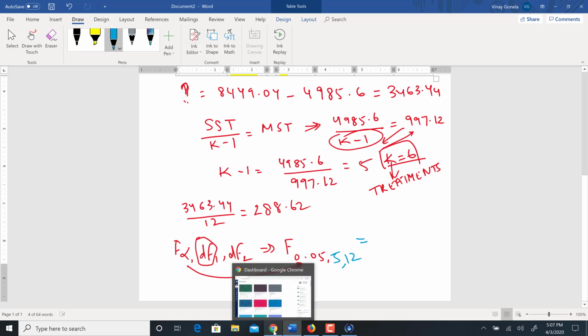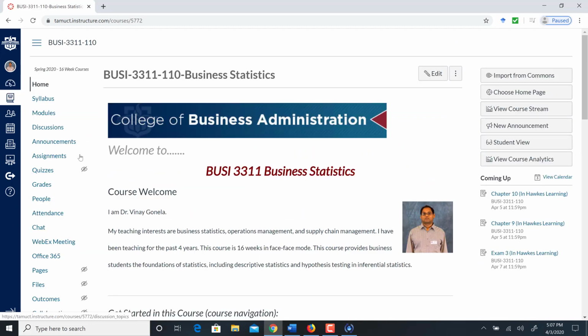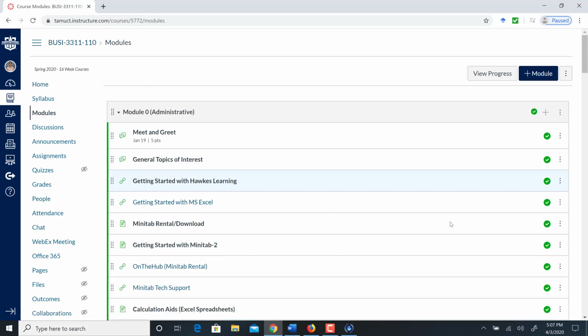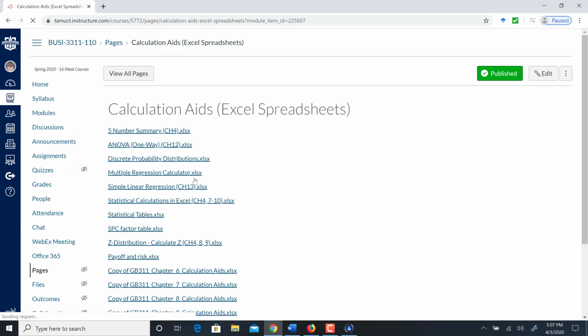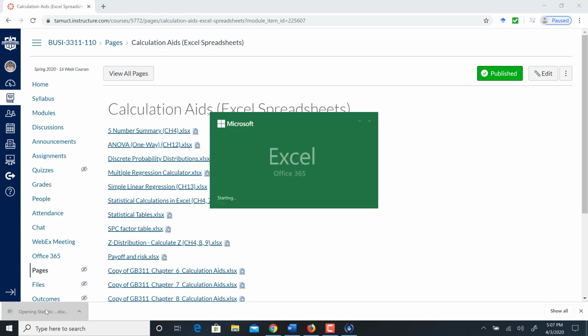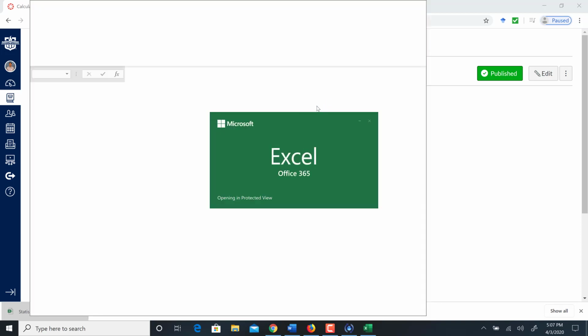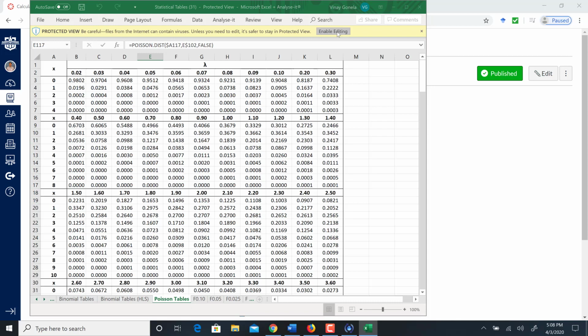So you can go to our course, then go to modules, and then module 0, go to calculation aids, and then go to statistical tables, and enable editing.